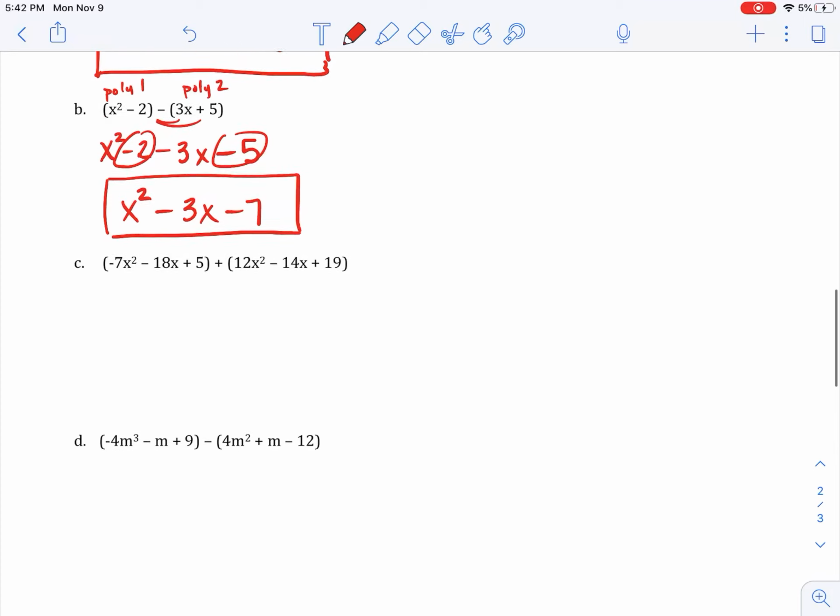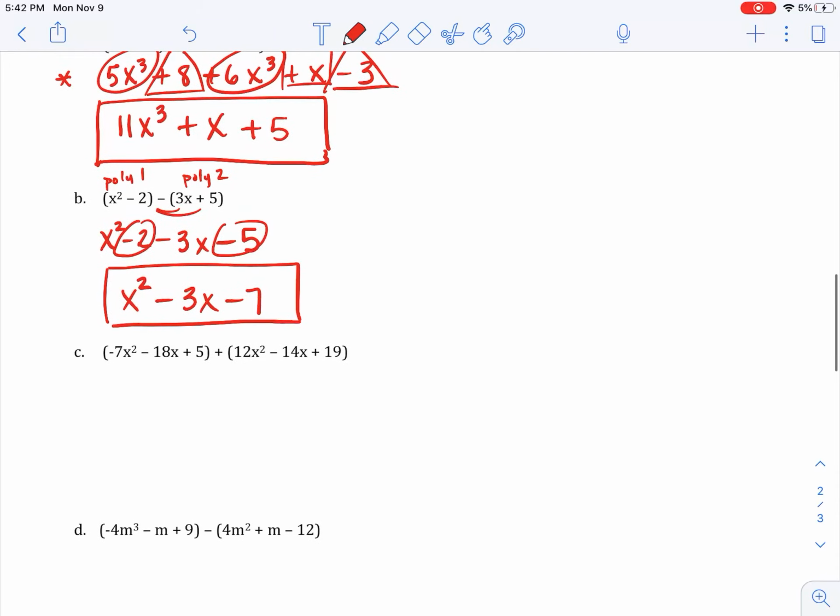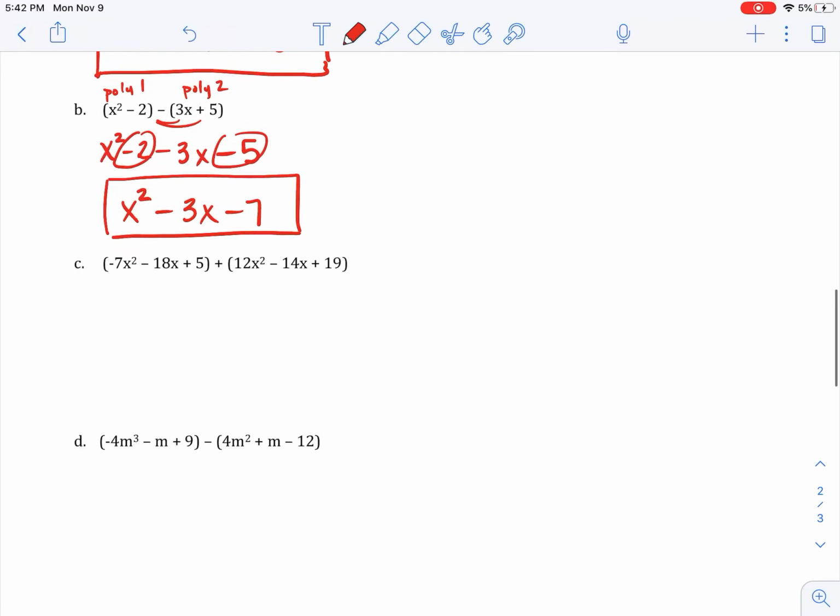All right, in C, I'm back to having a plus in between my two polynomials. So again, that really doesn't mean anything. A minus in between the polynomials means you have to bring the minus inside. A plus doesn't mean anything. And think about why. If you brought the plus in, it'd be plus a positive 12x squared, plus a negative 14x, plus a positive 19.